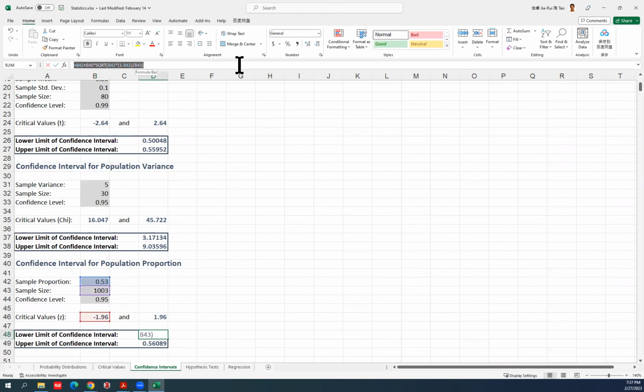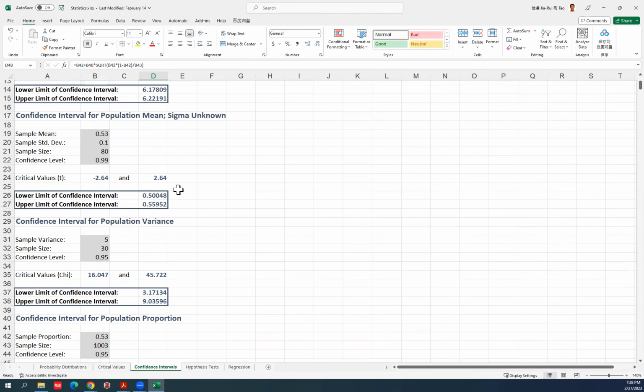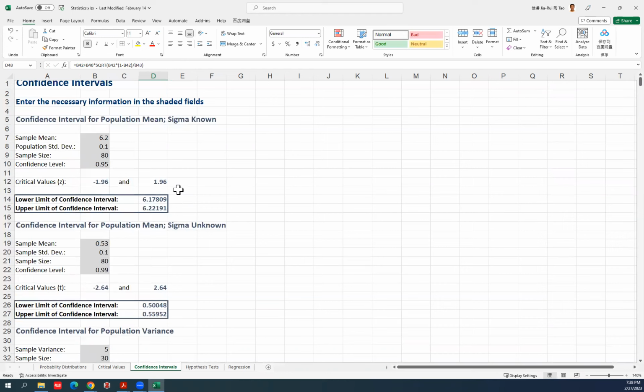Notice that in the formula for the limits of confidence intervals for the proportion, in the square root part, it's nothing but the product of B42 as the sample proportion and 1 minus B42 as the proportion of people who disapproved, divided by the sample size. So hidden in the formula is how we calculate the standard deviation. The standard deviation is simply based on the product of the proportion approving and the proportion disapproving. So we do that here.